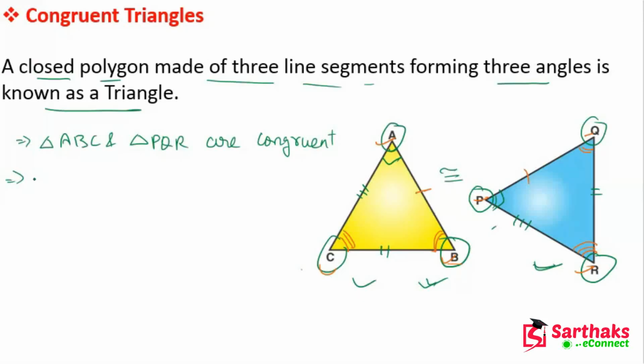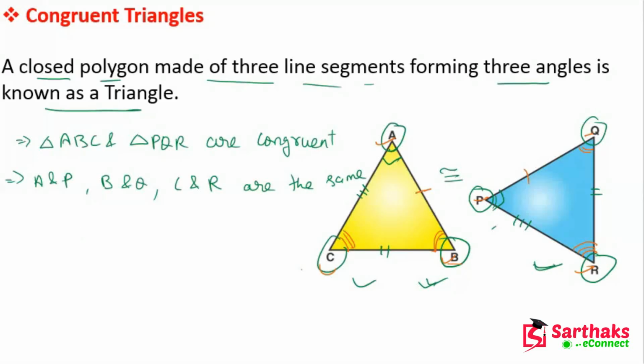It means A and P vertices, B and Q vertices, C and R vertices. These vertices are the same.